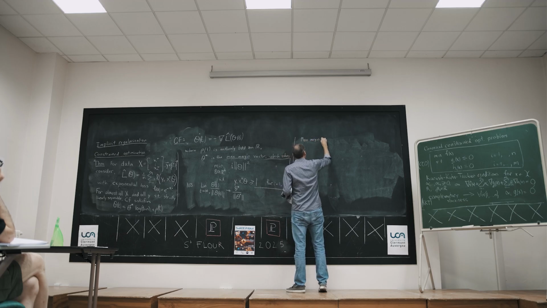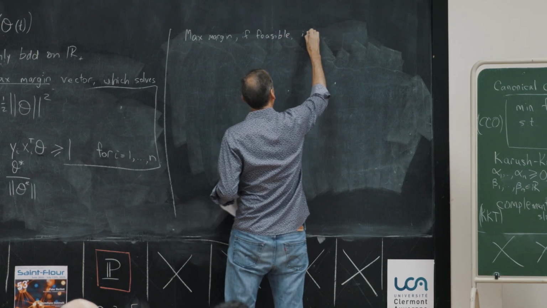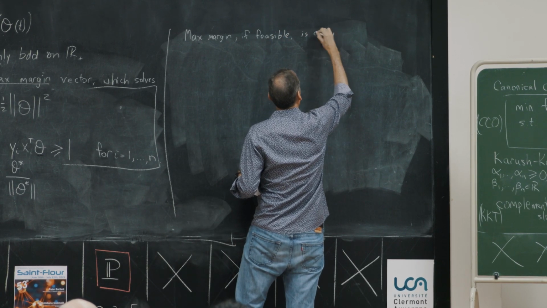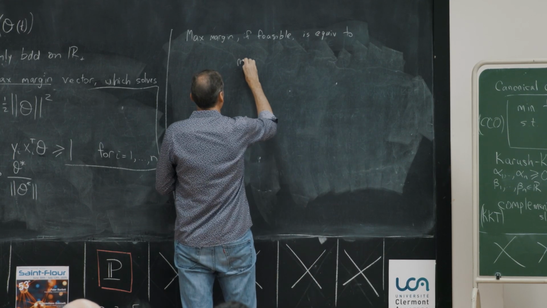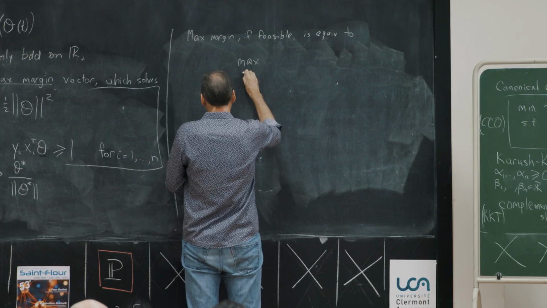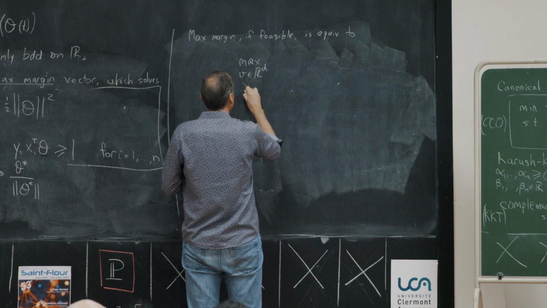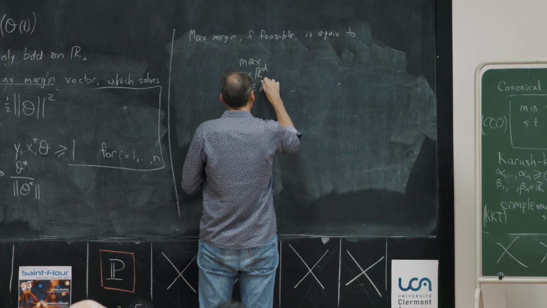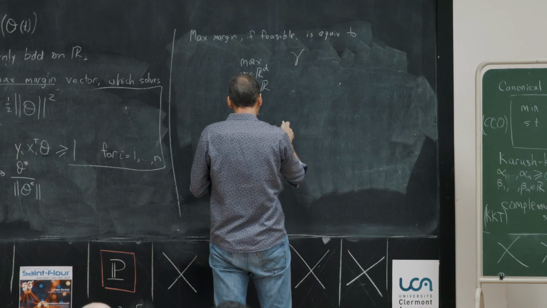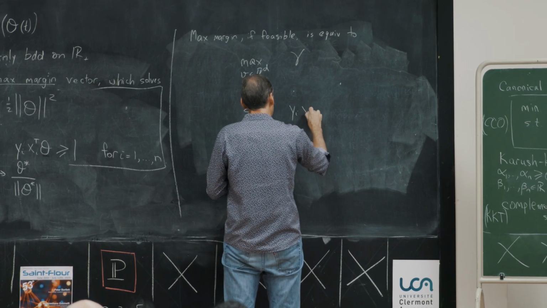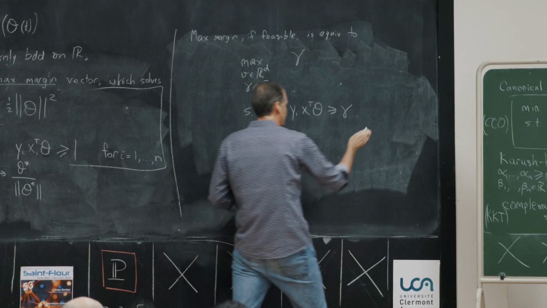If there's a feasible point, then it's equivalent to max over V and gamma, maximizing the margin subject to yi xi transpose theta being at least gamma for all i.